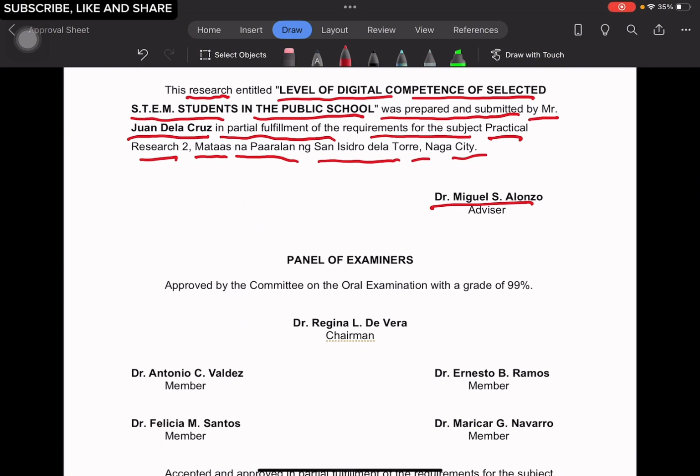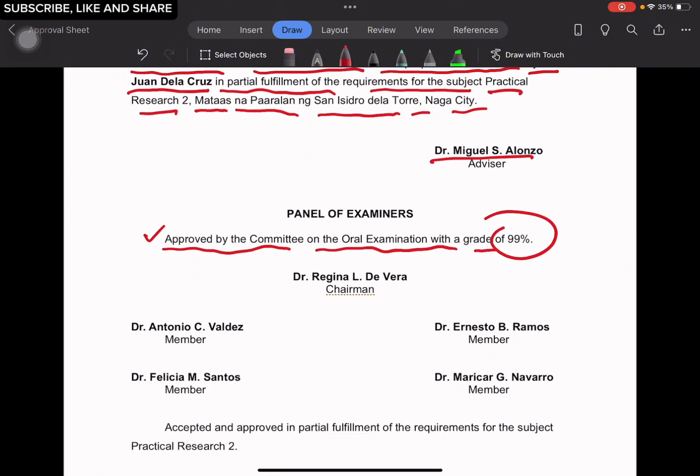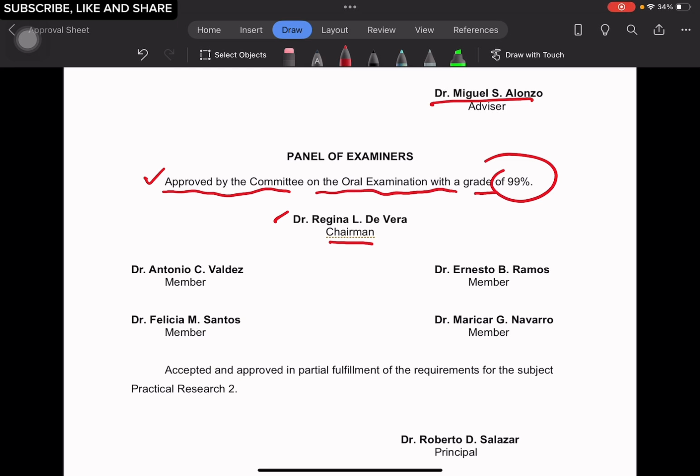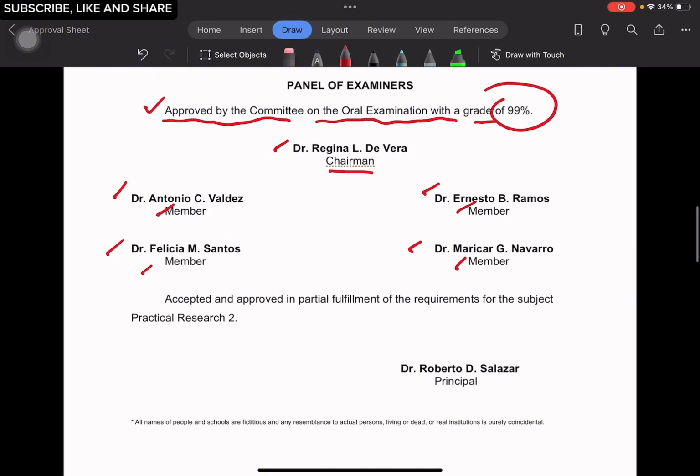Panel of examiners, approved by the committee on the oral examination with a grade of 99. This part is constant. And then the name of the chairman, and then the title, and then the name of the members, and then the title or the role of the members in your research defense. And then again, this is part of the constant: accepted and approved in partial fulfillment of the requirements for the subject.